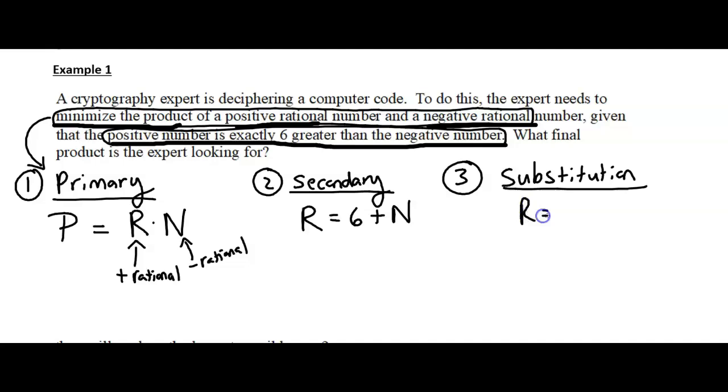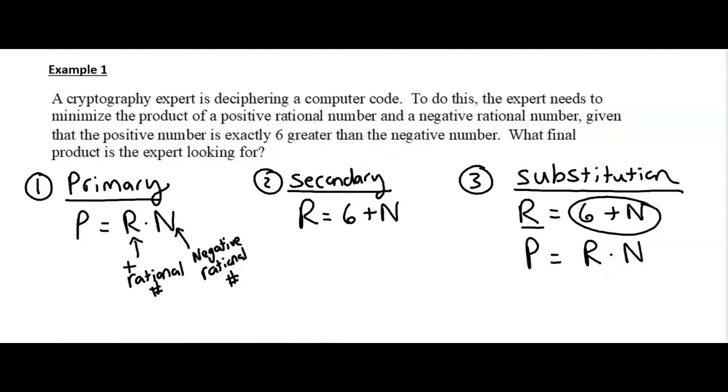I've already got that, so on this one I don't have as much work to do as I might on others. I've already got R by itself. R equals 6 plus N. And we're going to substitute that into the other equation. Since R equals 6 plus N, I'm going to plug 6 plus N in for R.